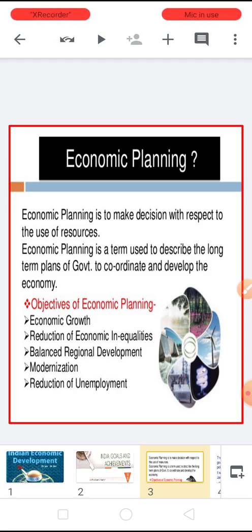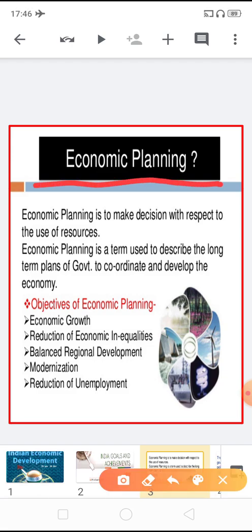So, what is economic planning basically, children? Economic planning refers to a system under which a central authority, like the Planning Commission in India after independence, sets a set of targets and specifies a set of programs and policies to achieve those targets within the specified period of time.